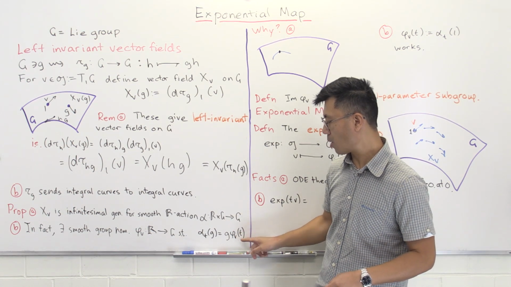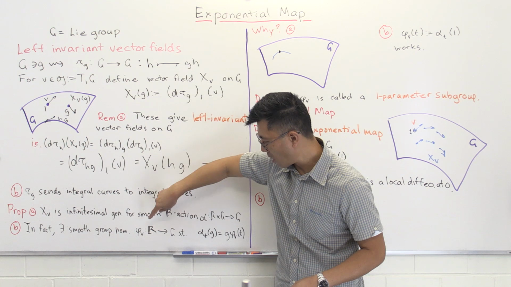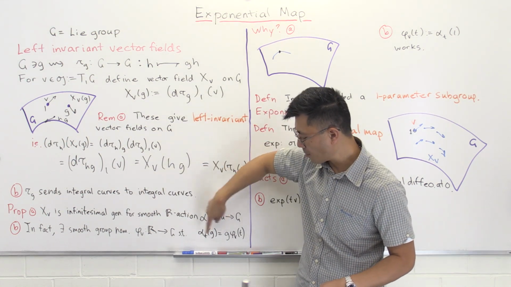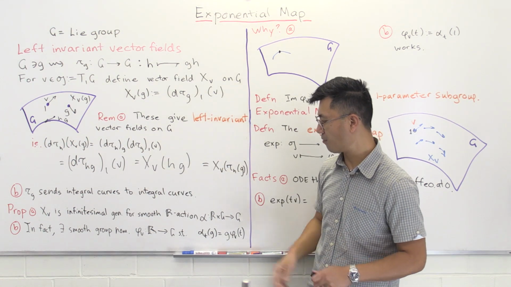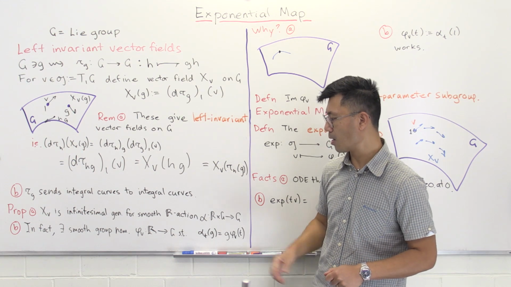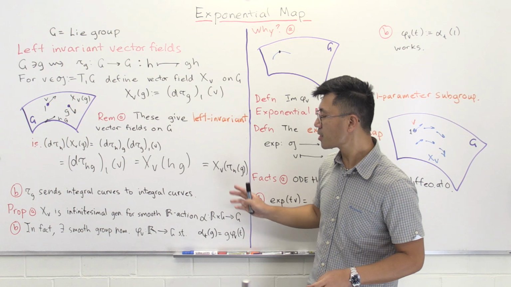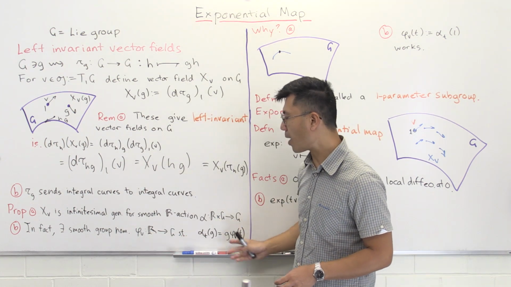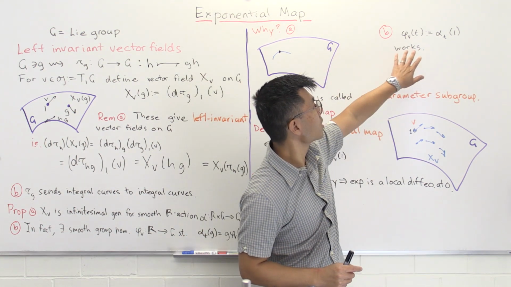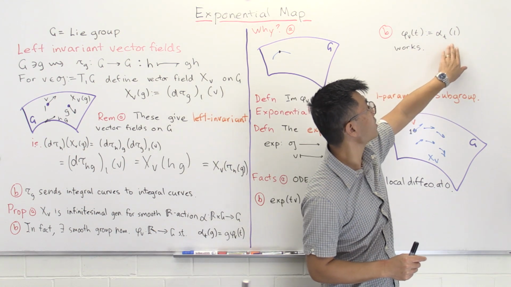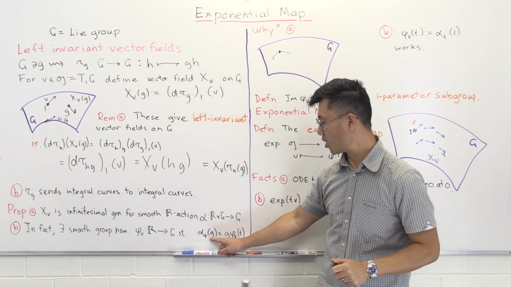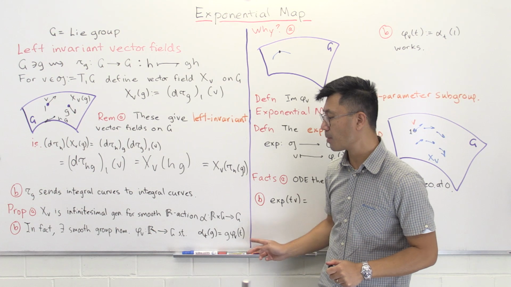Okay, so this group homomorphism that you have here is defined by this formula from the smooth R action. Okay, so let's kind of see why this is true. The second part is quite easy actually. We can just define phi v of t to be alpha t of 1. Okay, if you put g equals 1 here, that's the thing that it has to be, and you can check that that works.